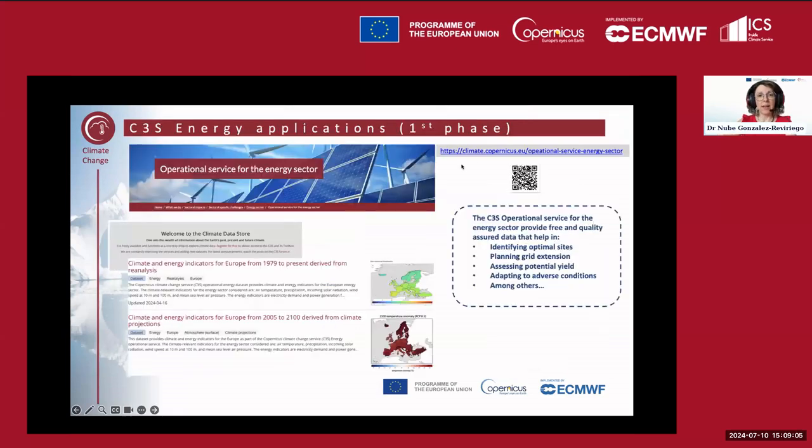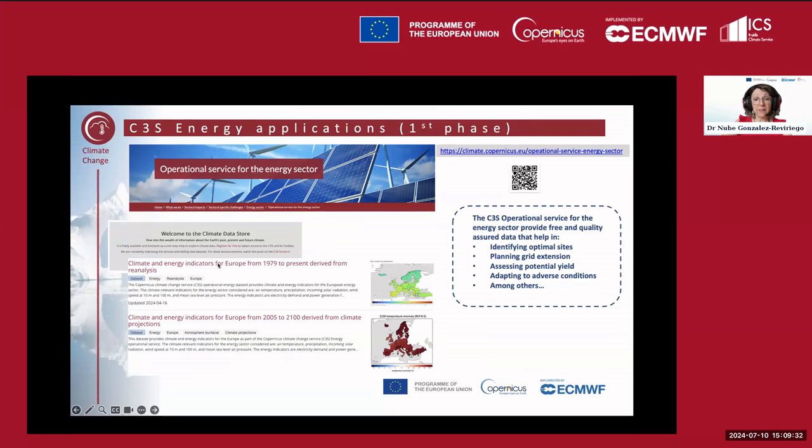So basically, at the C3S, we develop applications for different sectors, and in particular for the energy sector. Several years ago, we put in place this operational service for the energy sector, whose main aim is to deliver climate and energy indicators in an operational way for a broad range of energy users.